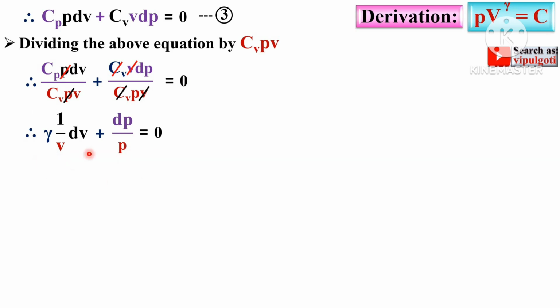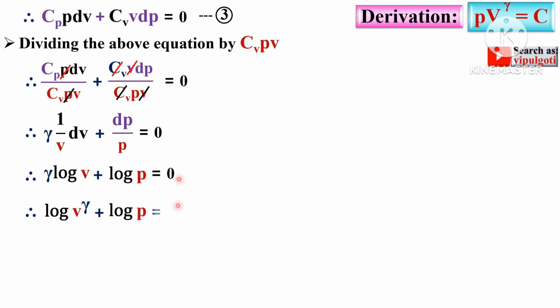Now integrate this equation. Gamma is constant, and integration of 1 upon V with respect to dV means log V. Plus, integration of 1 upon P with respect to P is again log P, equal to 0. Now you know this is the log rule. Gamma is over here, so it will be in the power of V. So log V raised to gamma plus log P as it is.